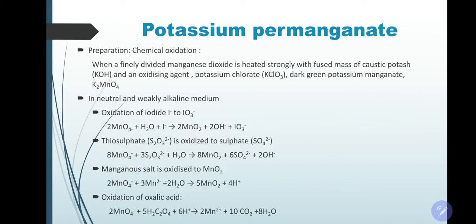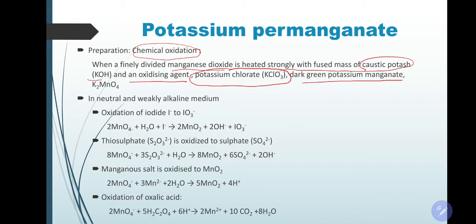Now let us see some of the important compounds formed by the d block elements. The first one we are going to learn is potassium permanganate. It is prepared by chemical oxidation. When finely divided manganese dioxide is heated with strongly fused caustic potash, that is KOH, and an oxidizing agent, potassium chlorate, that is KClO3, dark green potassium manganate K2MnO4 is formed.